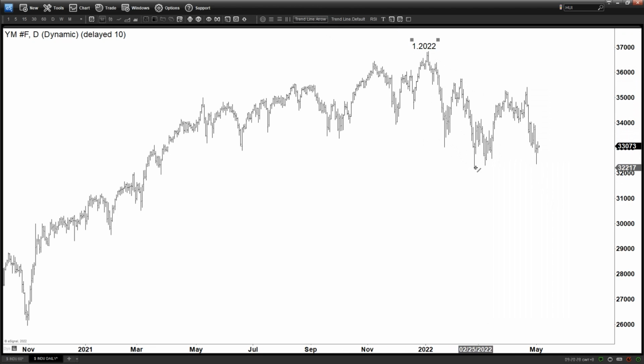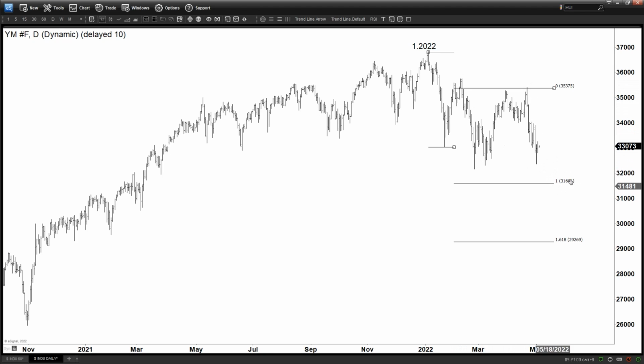So if we break below the previous low, that will confirm we got a lower low sequence, and that will suggest we should open more downside to reach the next potential target level, which is this 3,745, 10% lower from where we are. Now if you use this one as your first swing, and then this one is a flat, and this is your second swing, then the target is going to be 31,600.